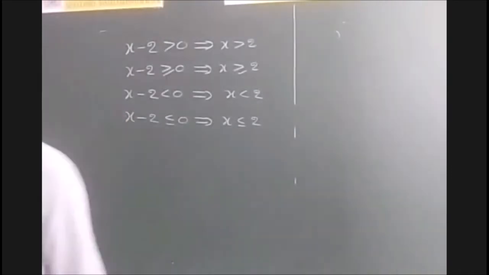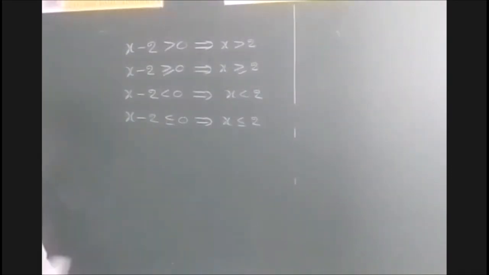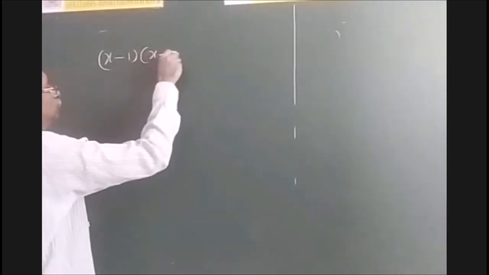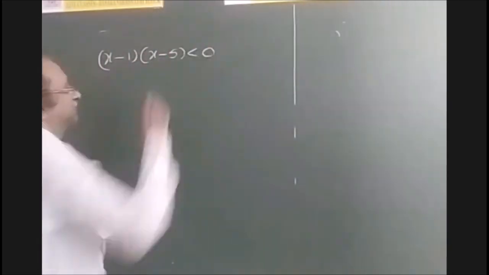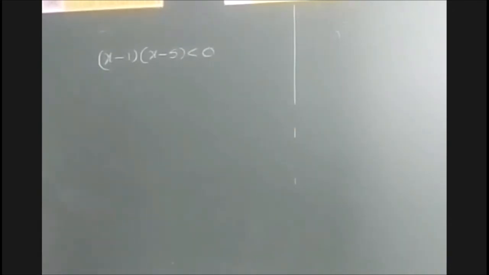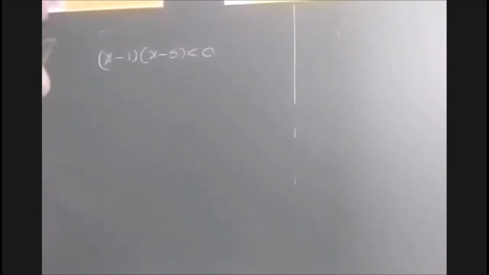Okay, so let us go to quadratic inequality, with an example. Suppose (x minus 1) into (x minus 5) less than 0. Now I will ask you something very simple. Tell me when the product of two numbers will be negative.